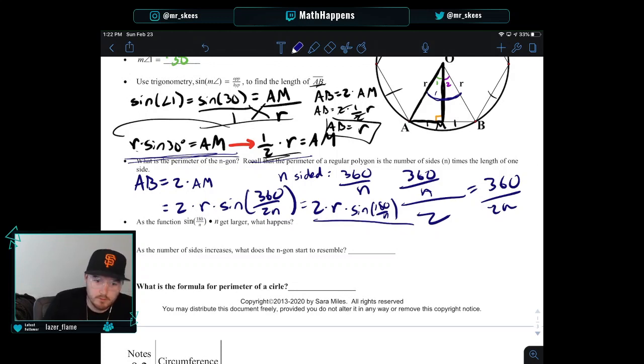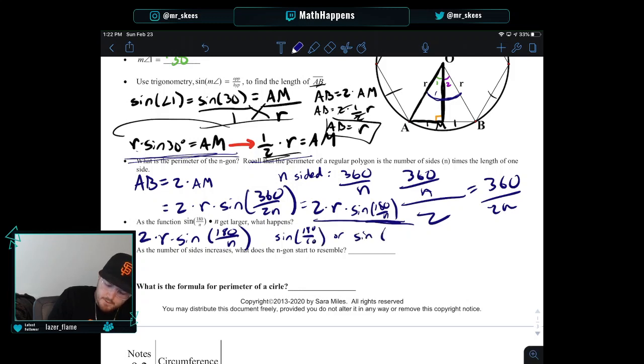So what happens as you make n really big for that thing? Take a second with a calculator and plug some stuff in there: sine of 180 divided by 10, or sine of 180 divided by 100, or sine of 180 divided by 1,000.